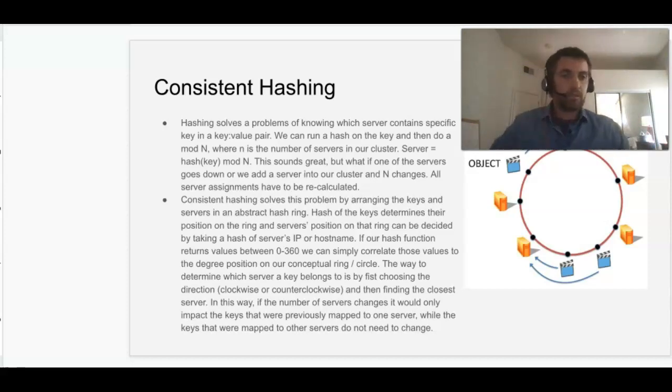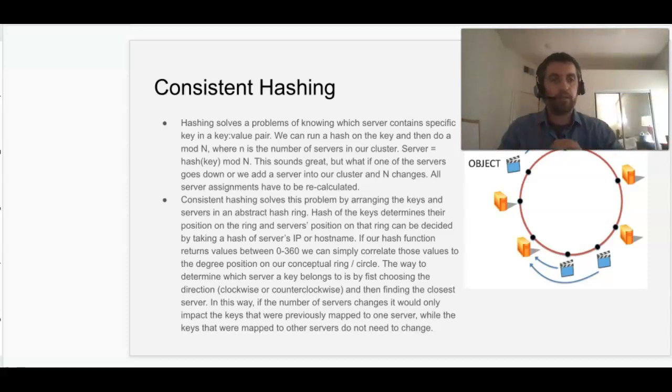That sounds pretty doable. But then you ask yourself a question: what happens if one of the servers goes down? Instead of a set of 10 servers, now we have 9. What if we have to add another server? Now we have 11 servers. What happens? This modular operation has to be performed again. We have to re-shard this entire data set as a result of that.